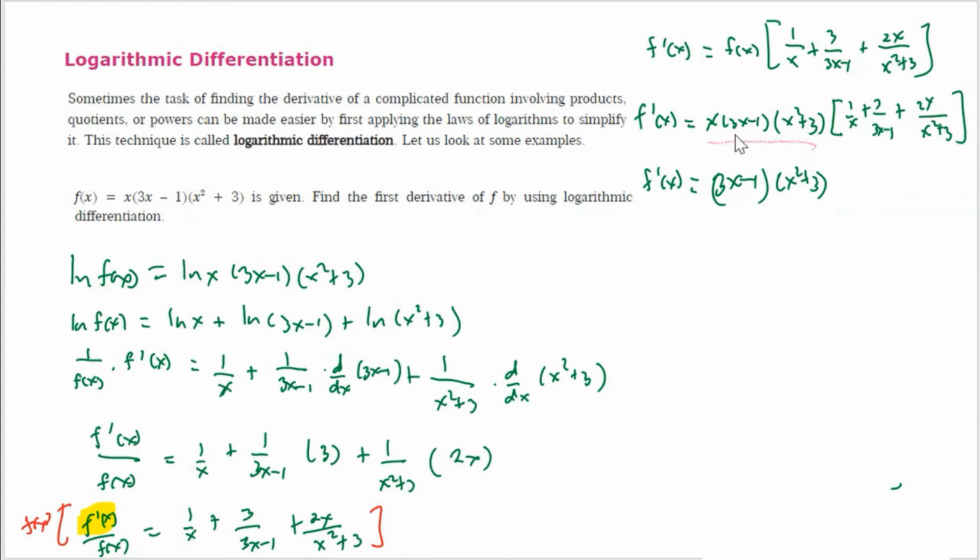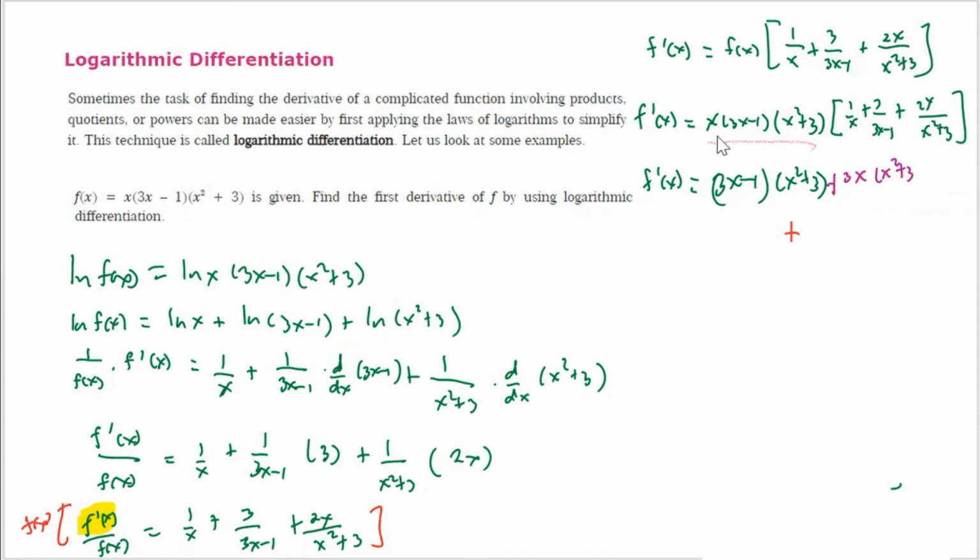So we can cancel 3x minus 1. And the remaining answer becomes, for the second term, plus 3x times x squared plus 3.